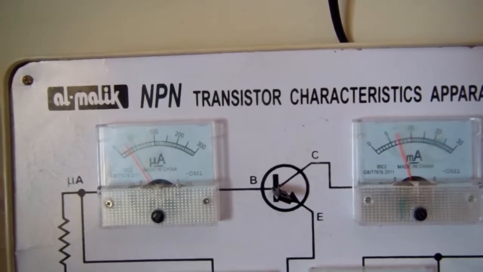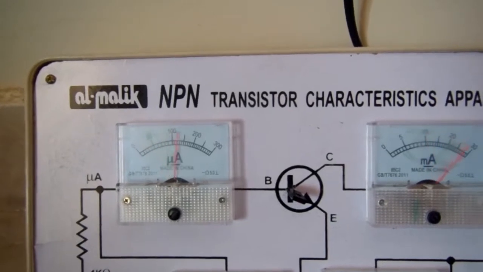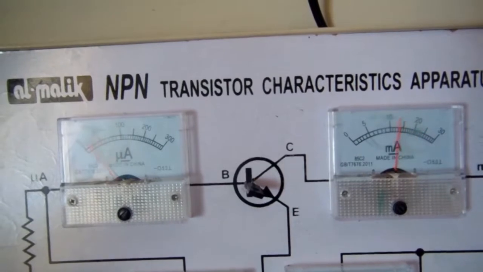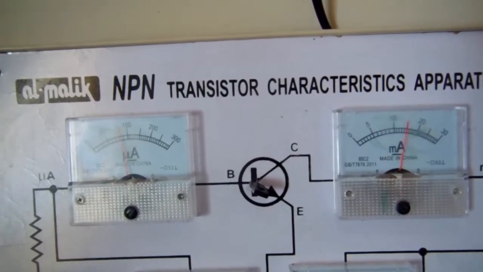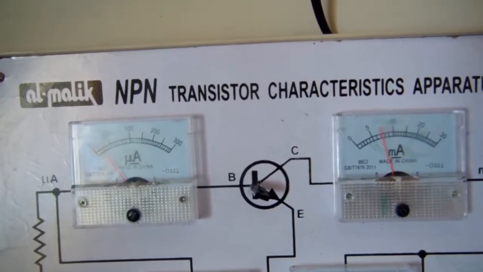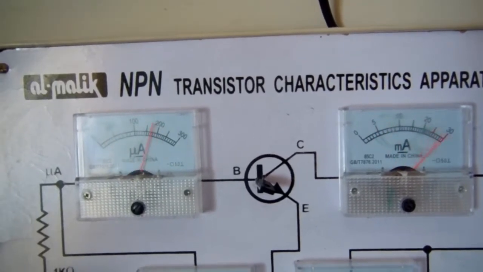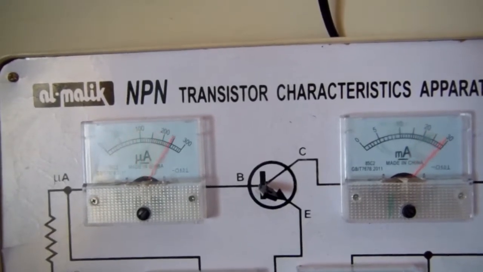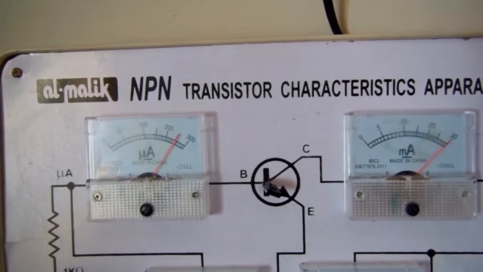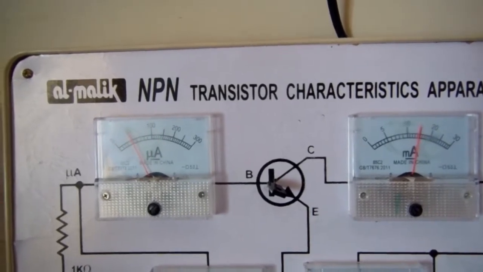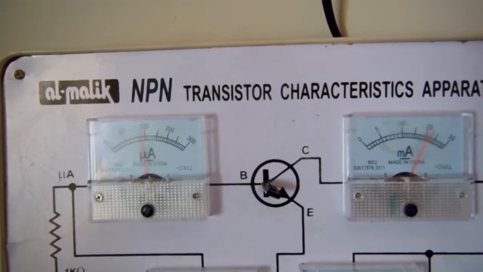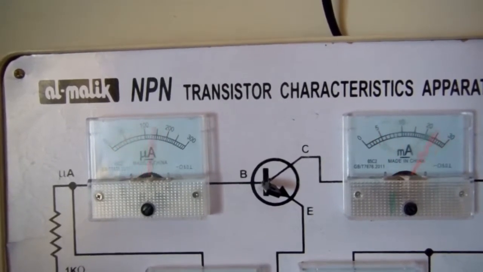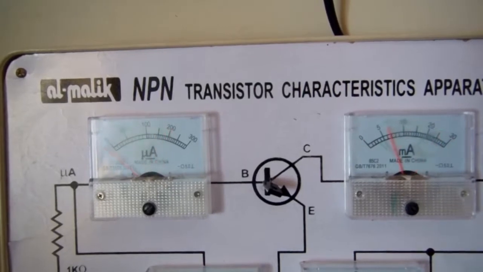You can see there is a small change in the base current IB, and a large change can be seen in the IC collector current. Now the transistor is in the active region. In this case, the transistor is used as an amplifier. We can amplify the current, voltage, as well as the product of voltage and current, which is called power.